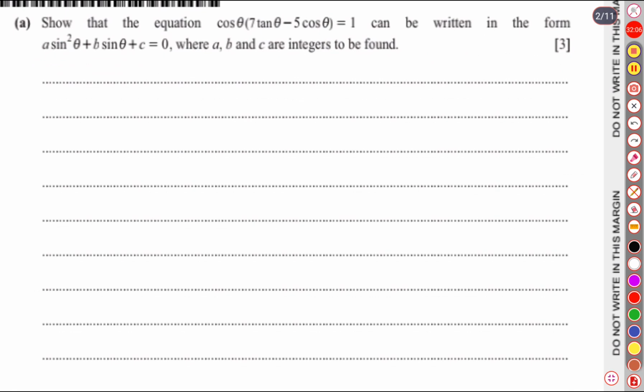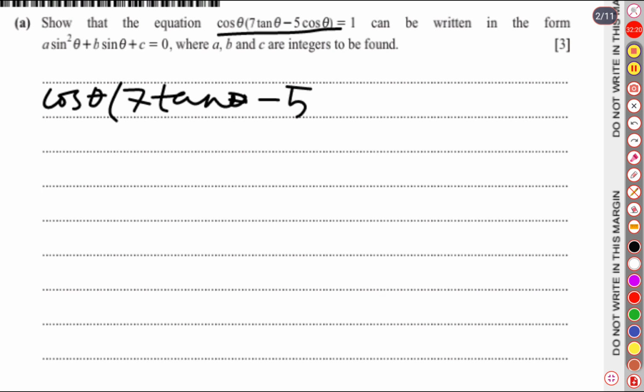Our left hand side is cos theta into 7 tan theta minus 5 cos theta equal to 1.